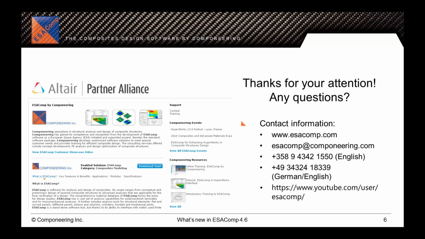We usually support SUSE and Red Hat Linux distributions, so if you have something else, please let us know. We can see if there's an easy way for us to recompile on a different distribution. And also, as you can see here, the latest version is now available via the Altair Partner Alliance. So if you go to Altair Connect and you happen to be a HyperWorks lease user, you can access the latest version from there as well.